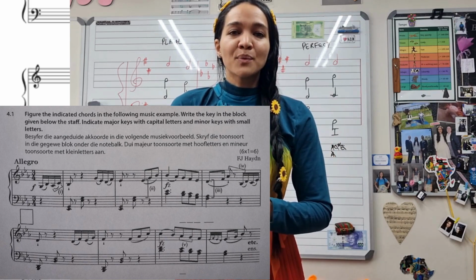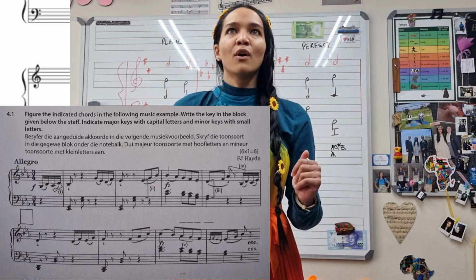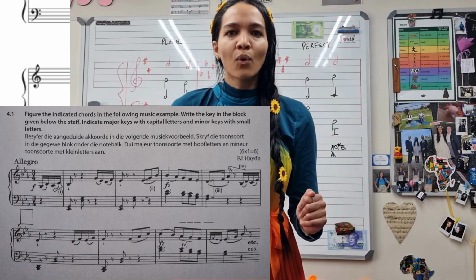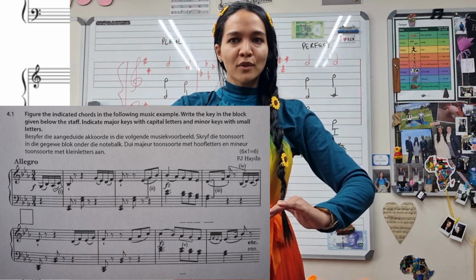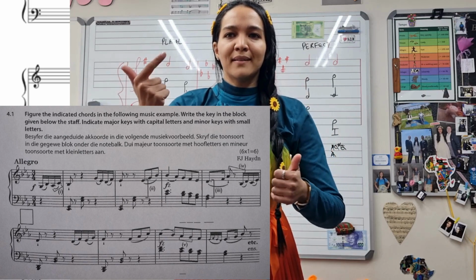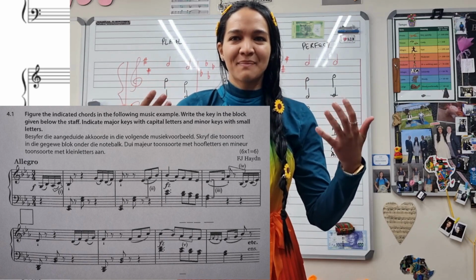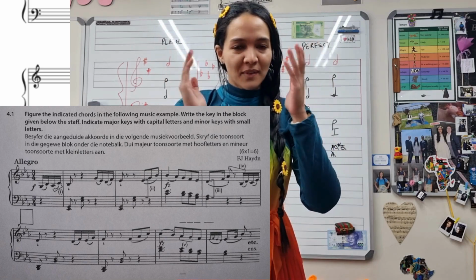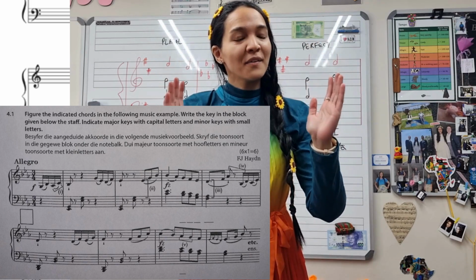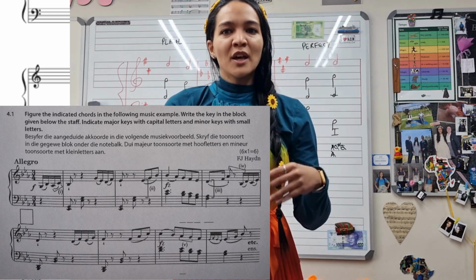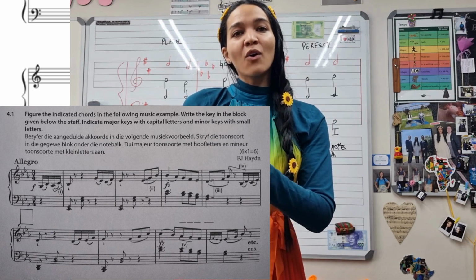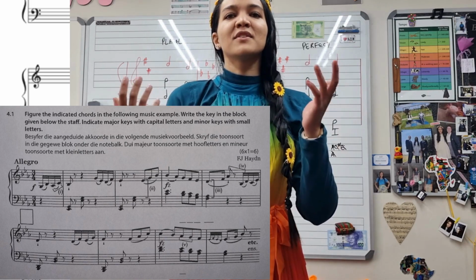But for this type of question, we do need to be able to know and figure all our chords from the tonic up to the leading note. So we need to know E flat, F, G, A flat, B flat, C, D, and all those chords that lie on those degrees of the scale, so that we can figure these things accordingly. We can either be in root position here, or our chords can also be in first inversion or second inversion.